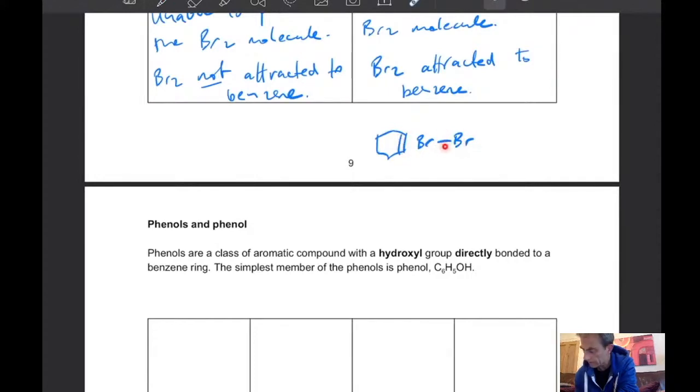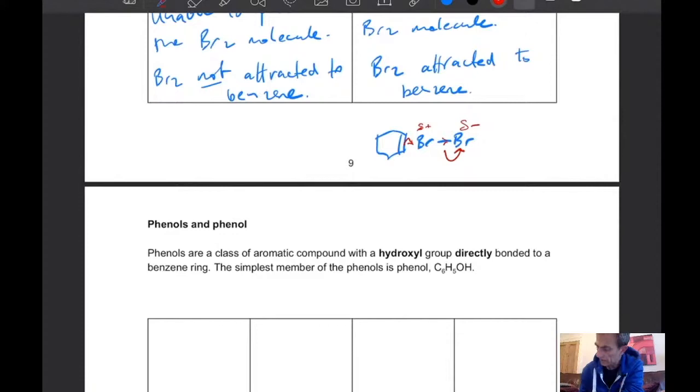So the electrons are being moved towards the right hand side of the bromine molecule, which makes that end slightly more negative than the left hand side, which is slightly positive. Because of that, we now get an attraction from the pi electrons to the slightly positive bromine, and then that bond will break by heterolytic fission. Hopefully that answers your question.